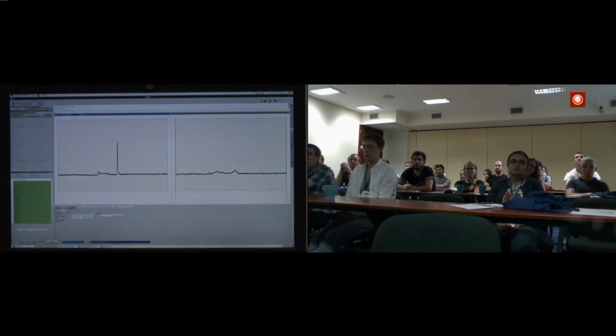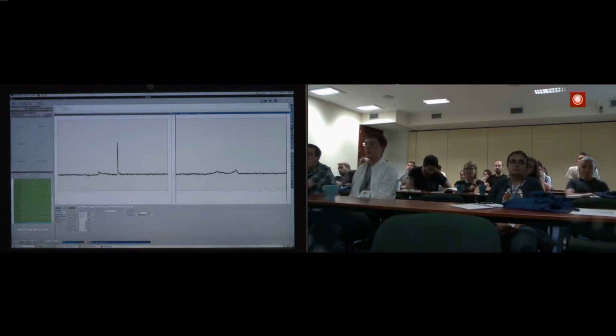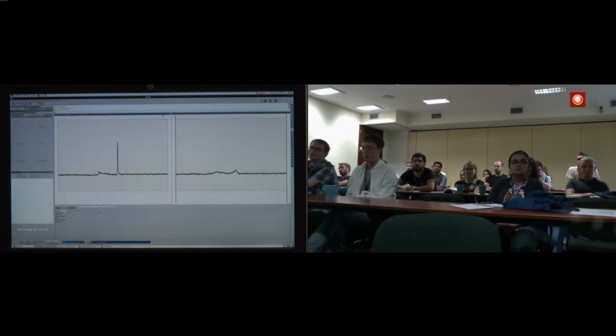Over there on the right hand side, maybe I will recall the spectrum recorded just a minute ago. And on the left hand side, in a few seconds, we are going to see our spectrum with magic angle spinning.